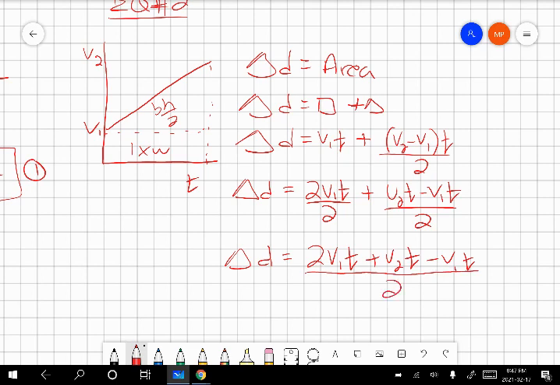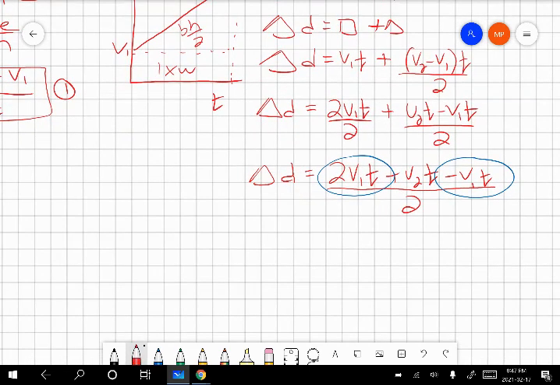Of course, you should pause this anytime you want when you need to catch up or whatever you got to do. So this term and this term are like terms. There we go. That's what I wanted. So 2v1t minus v1t will simplify to make just v1t.